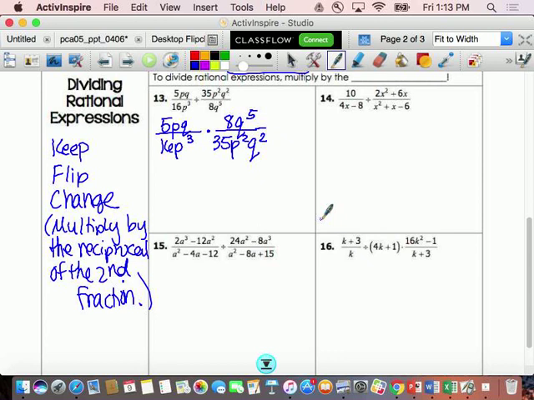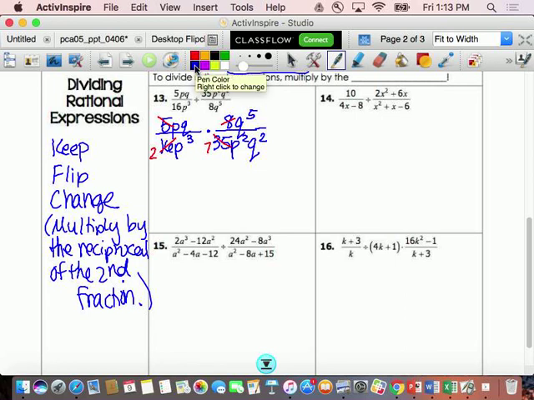Now you can go ahead and multiply straight across. I'm not promising that I know what 16 times 35 is off the top of my head. For me, it's easier to go ahead and cancel some. 5 goes into 35 how many times? And 8 goes into 16 twice. So for me, that's going to be a little bit easier.